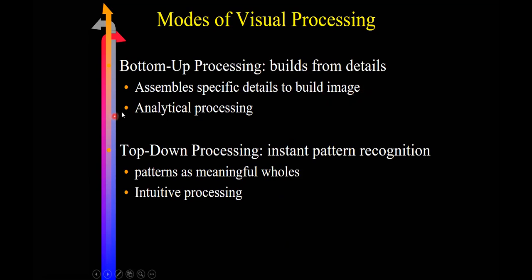Now notice this is an analytical type of processing. We have to analyze that sensory information with some conscious effort in order to then actually make some sense of it. Also notice this process requires us to encounter that stimulus for somewhat longer period of time.